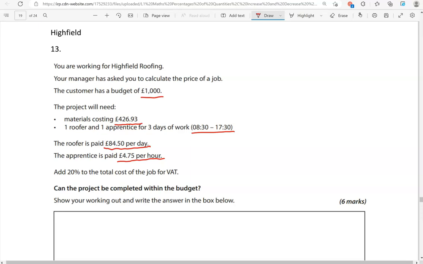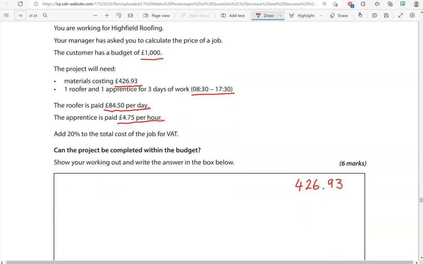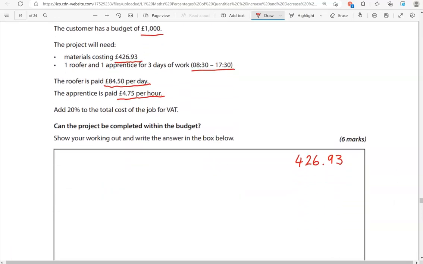So we have the materials costing £426.93. Now we're going to add to that how much the roofer will be paid and how much the apprentice will be paid, and then on top of that the 20% for VAT. So the roofer is paid per day and they will be working for 3 days.